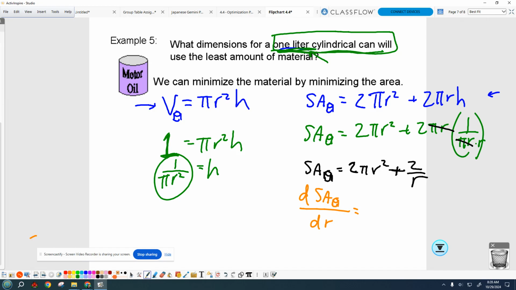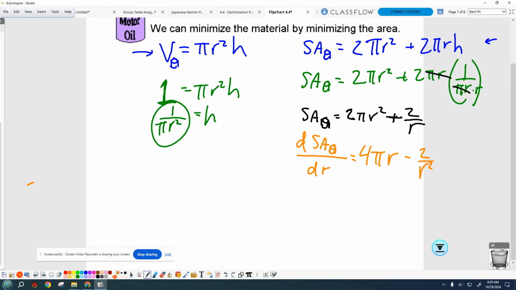Some of you rearranged these, and wrote the -2, missing a squared in the bottom. So multiply by the power, lower the power, we get 4 pi r. Multiply by the power here. The thing I'm mostly worried about is that you guys lose the negative.